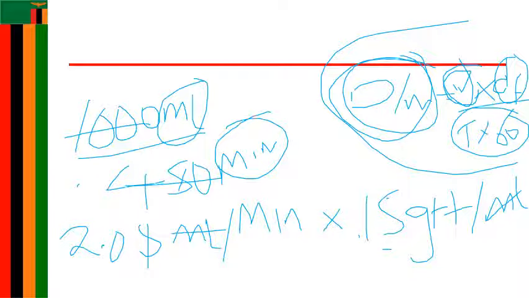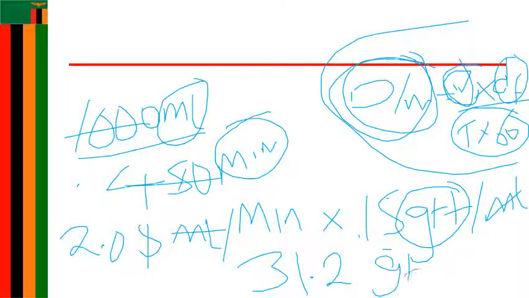When you multiply 15 times 2.08, you have 31.2 drops, GTT, per minute. So for 1000 mls to run in 8 hours, we need to set the fluids to 31.2 drops per minute. So this is the first question.